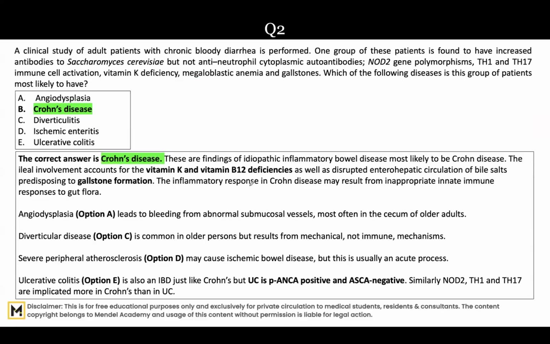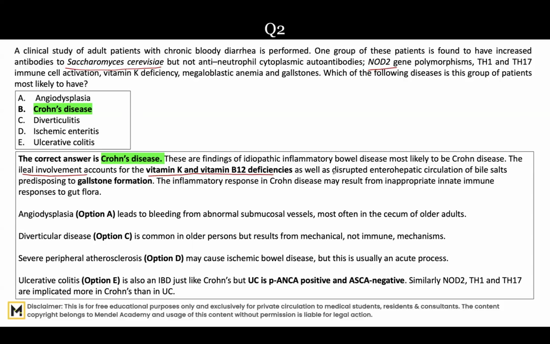The answer is going to be Crohn's disease. And again, because of the ileal involvement here, see, it becomes so easy once you know this. See, cerevisiae, start practicing that in front of your mirror. And NOD2 genes, this is what they ask. So vitamin K and B12 deficiencies are plenty in such patients.